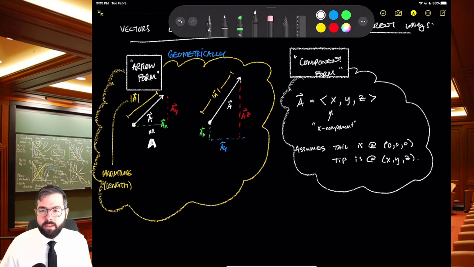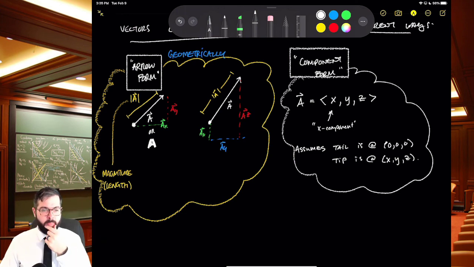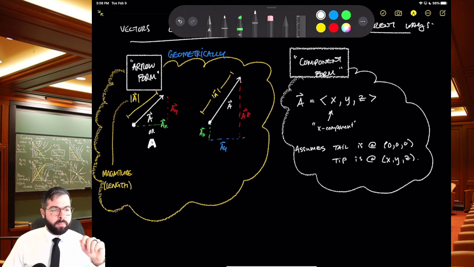You'll also see this as a vector, sometimes as a column or a row, typically as a column vector, a 1 by 3, right? So we'll talk more about component vectors and why they're nice in a little bit.